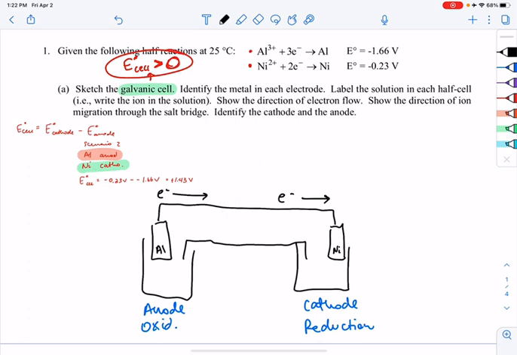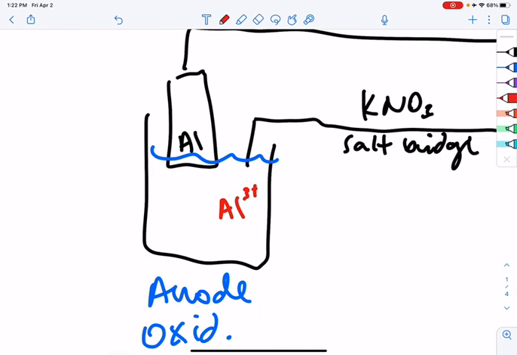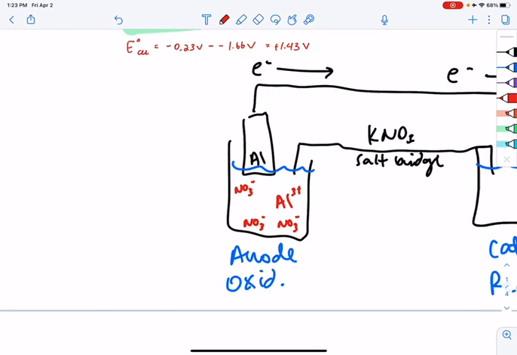We're going to have our little salt bridge. It doesn't really matter what you put in it. A good option is just potassium nitrate. And then you can come up with your own solution. So here we'll just do aluminum 3 plus, and then we can just do nitrates, which are always a good bet.